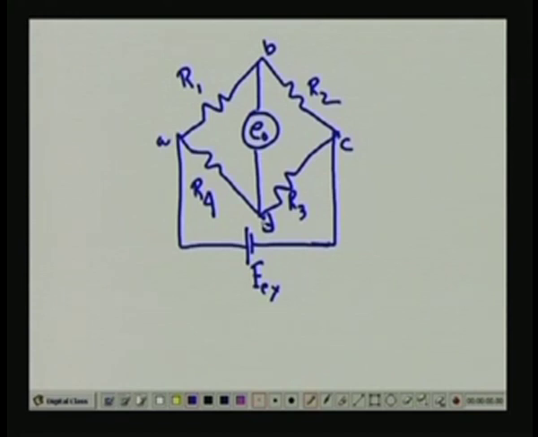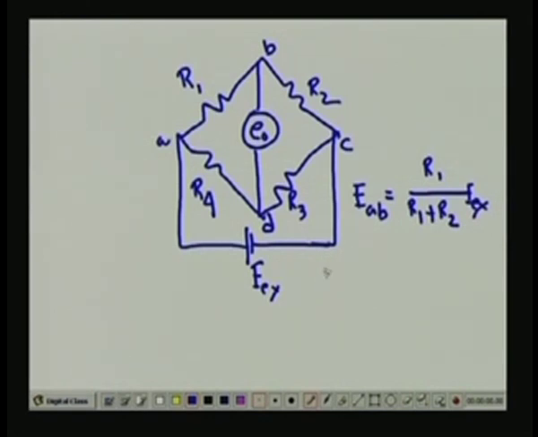So, if you have this type of equation, quite obviously I can write that EAB, that is the voltage across this resistance R1, is equal to R1 by R1 plus R2 multiplied by Ex. It does not matter whether it is balanced or unbalanced, this is always true.